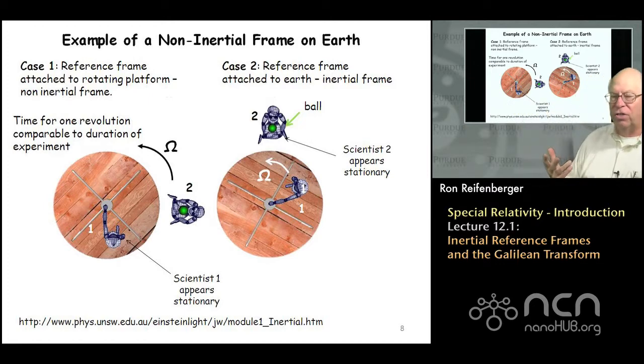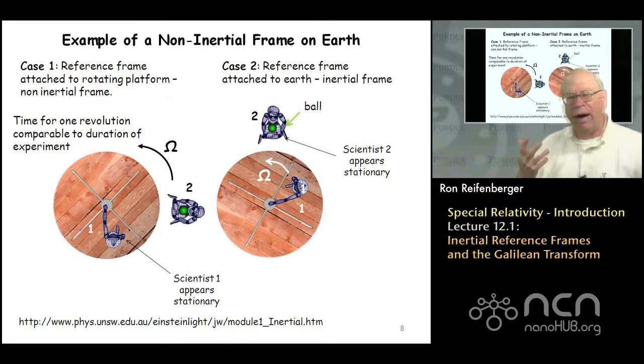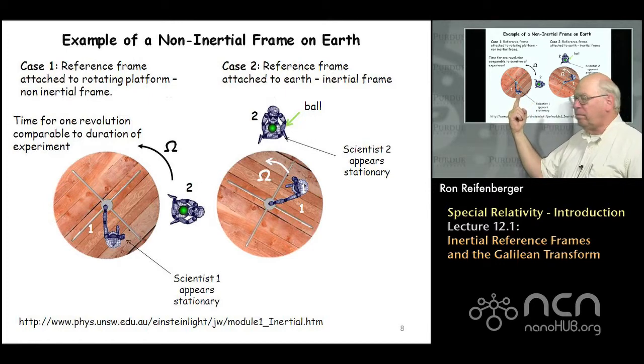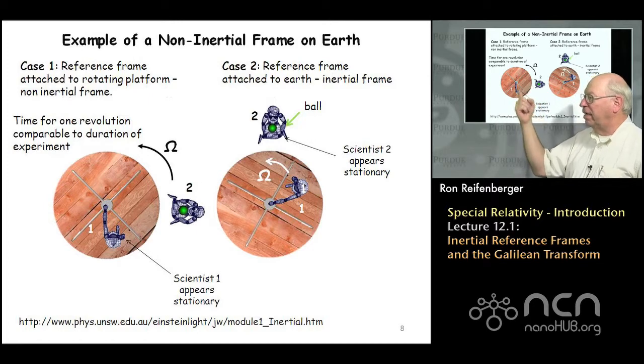We're going to view this simple experiment from two different reference frames. One reference frame positions a camera attached to the rotating platform. The camera is going to see scientist number 1 fixed, stationary, and scientist number 2 in this reference frame is going to appear to rotate around a stationary platform.